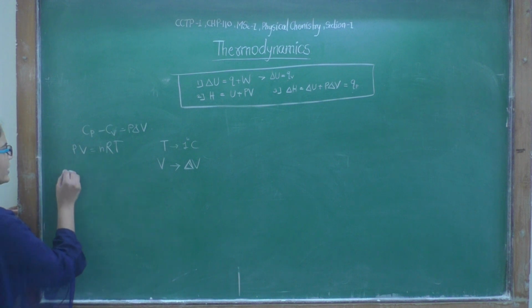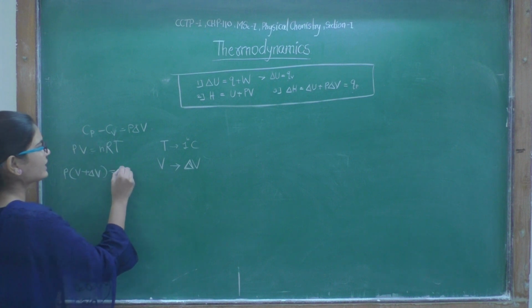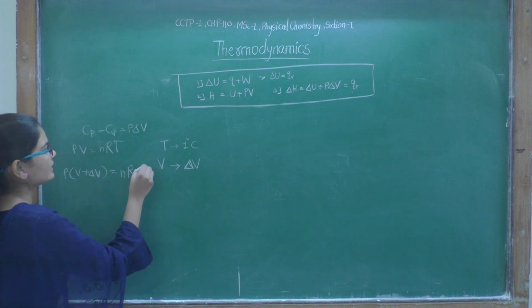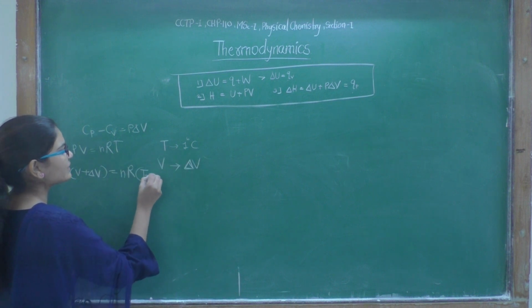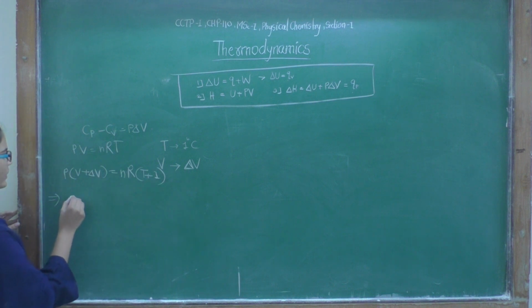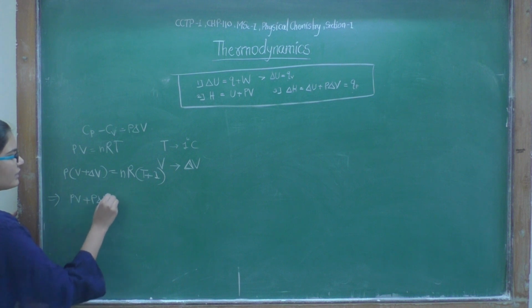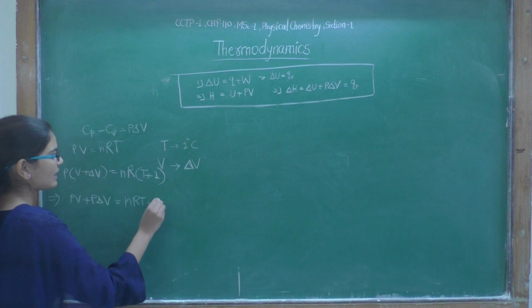Now let's substitute here. P into the bracket V plus delta V is equal to nR, with temperature increased by 1 degree Celsius, so temperature will be T plus 1. Therefore, PV plus P delta V will equal nRT plus nR.